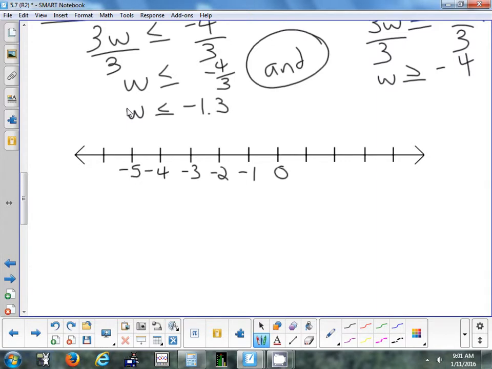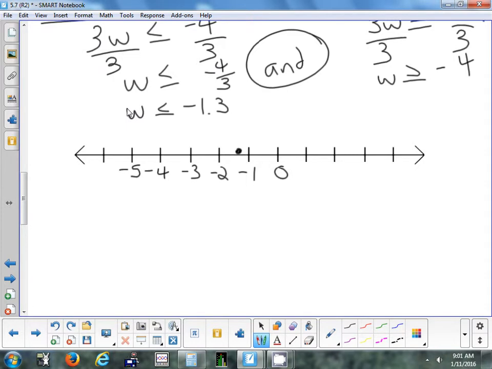You're going to put a little place in. Oh, it's closed. Closed. How come? Because it's got a line underneath. Line underneath. Perfect. So I'm going to go not quite in the middle, because in the middle of negative 1 and negative 2 would be like negative 1.5. This is 1.3, so I'm a little bit less than half.